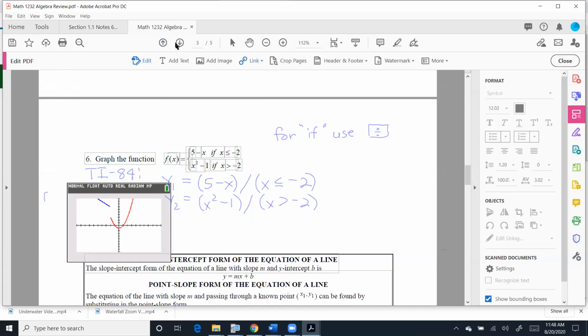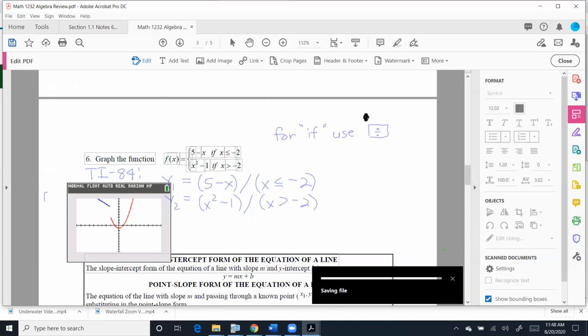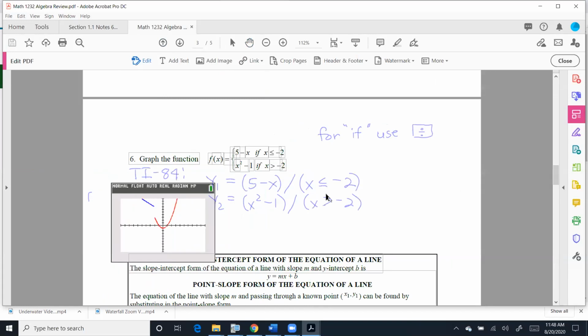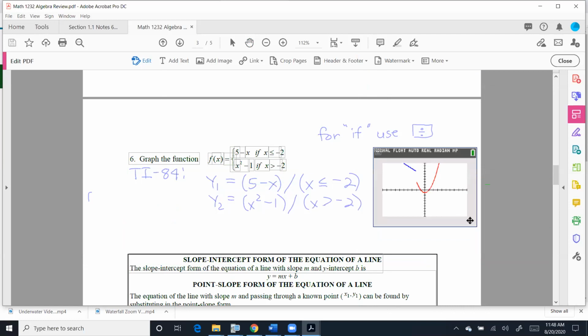Oh, I hear a person. Let me save this before it goes crazy. All right, so that's good. Covering up some other stuff. Let me maybe see if I can move this guy over here. There we go. Okay, so there's your graph.